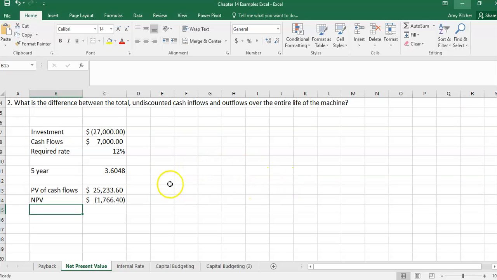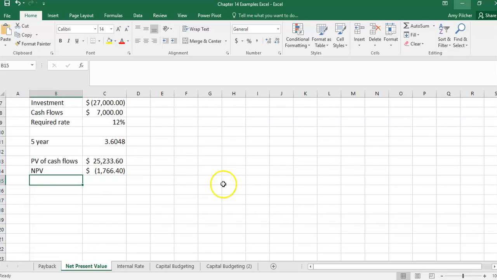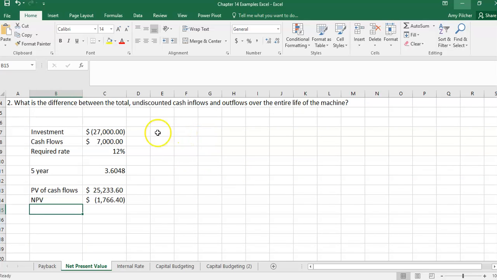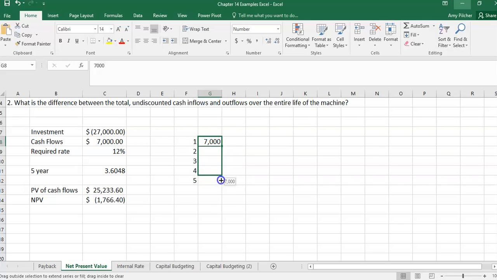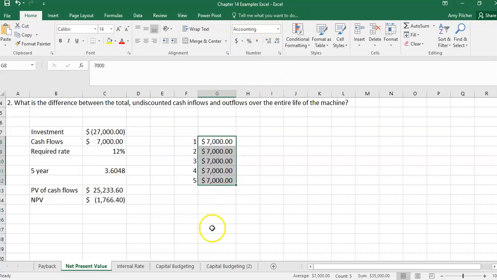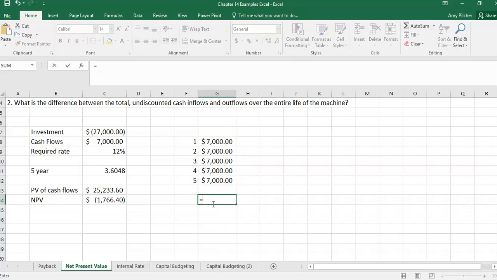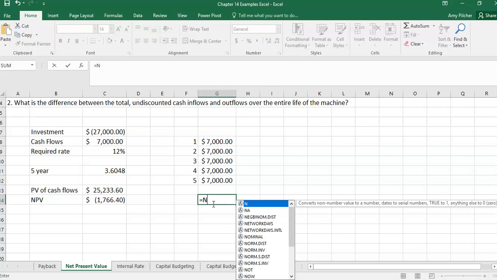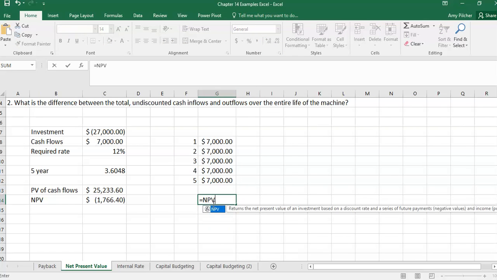Excel also has a formula for net present value, and in order to do that, we need to put our cash flows out into all years. So we have cash flows of $7,000 each year for 5 years. We would then type equals, the formula is NPV for net present value.